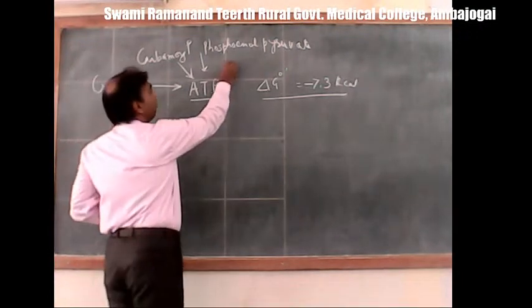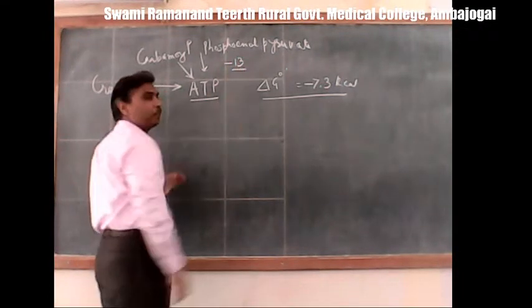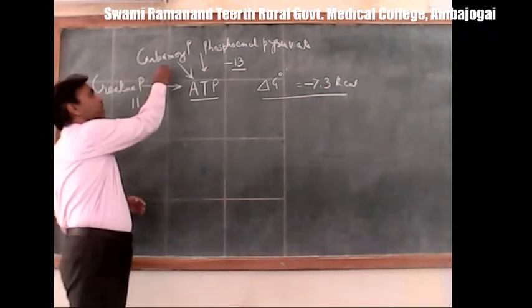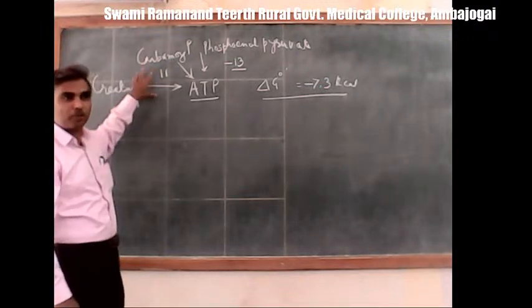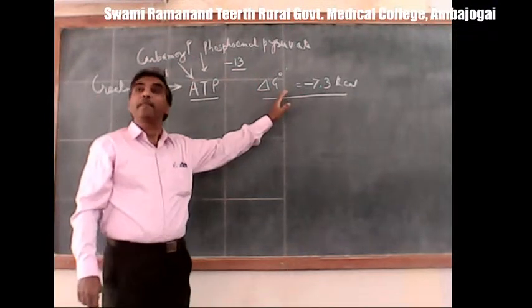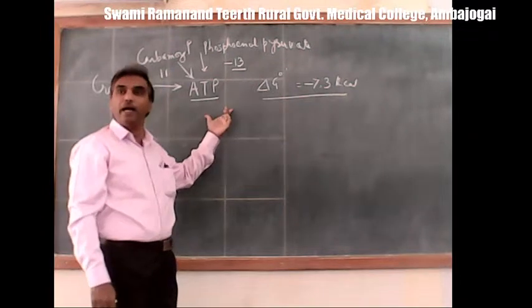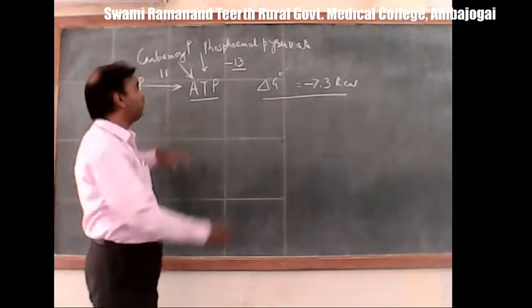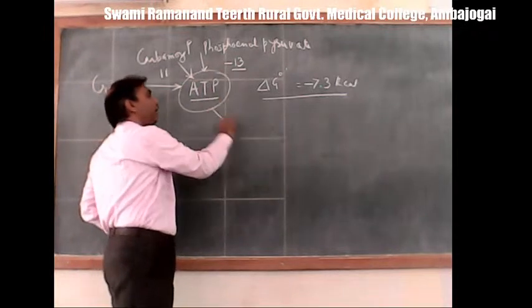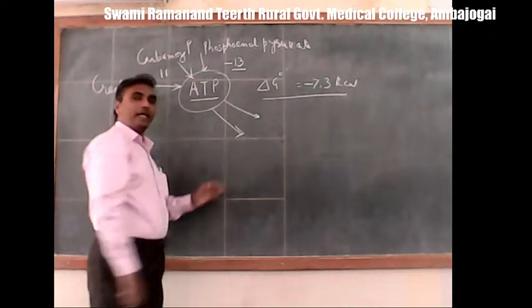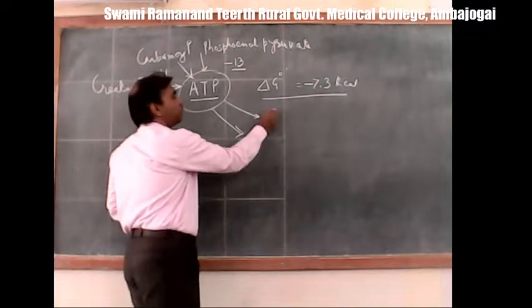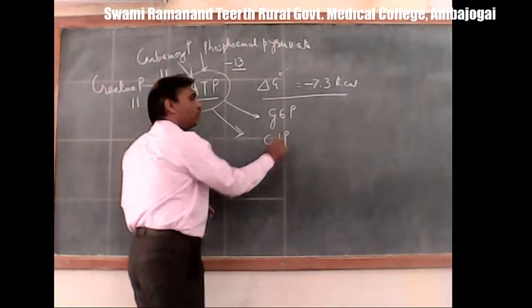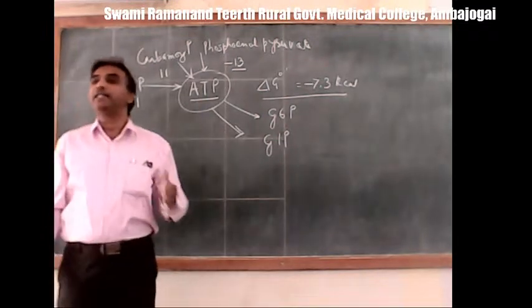This is around minus 13 kilocalories, 11 kilocalories. Likewise, from these substances, energy can be captured by ADP and inorganic phosphorus for the formation of ATP. And whenever ATP is there, it can give its energy to glucose 6 phosphate. This is the formation of glucose 6 phosphate, glucose 1 phosphate, glyceraldehyde 3 phosphate.